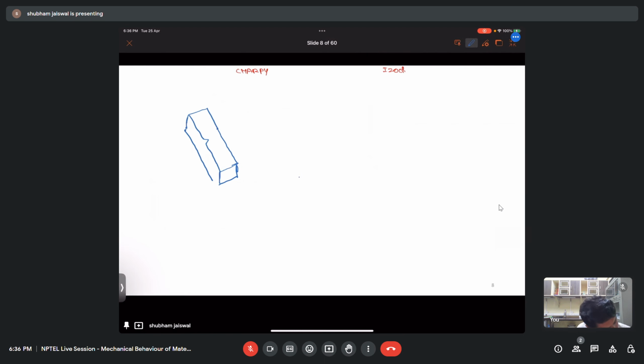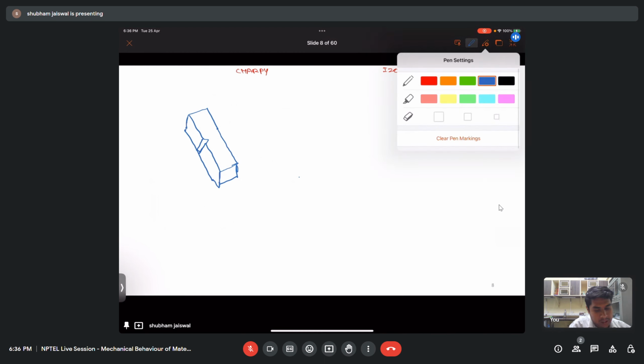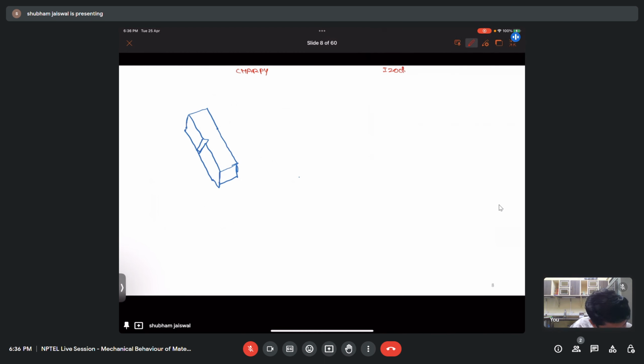Let's say this is my sample and this is the notch, and let's say these are my anvils. Okay, so here somewhere I have held my sample like this. Okay, and here also I have held my sample.